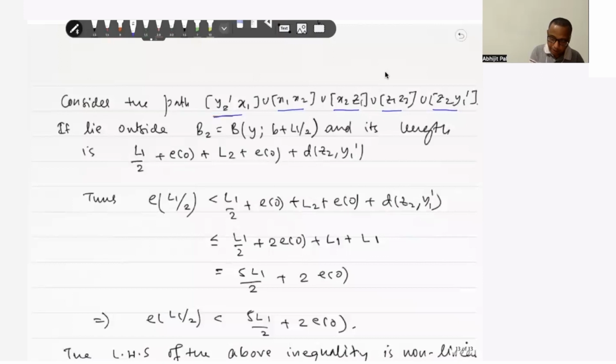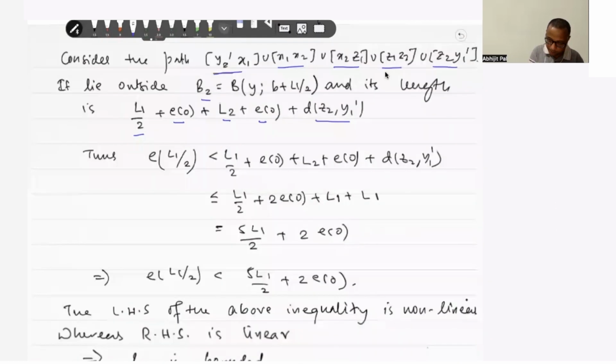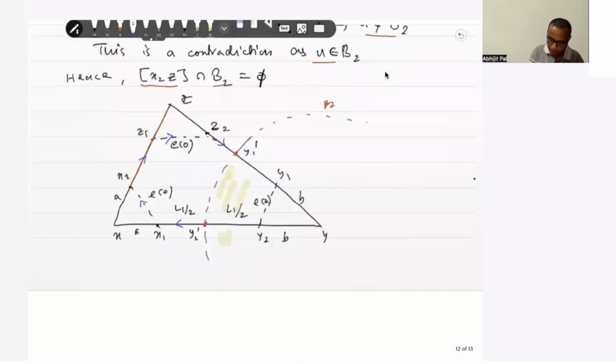Okay, so this path lies outside the ball B2 and its length is L1 by 2 plus E naught plus L2 plus E naught plus distance between Z2 to Y1 prime.